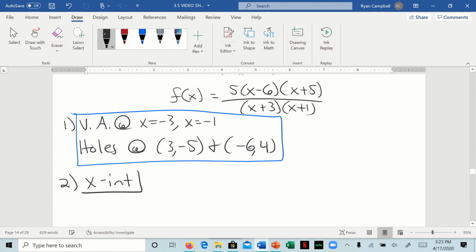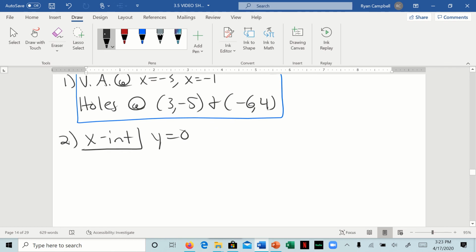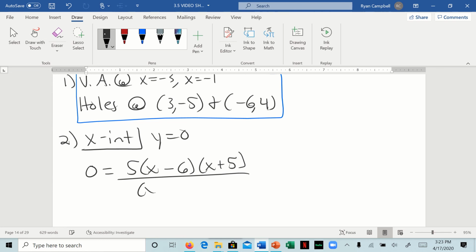Next, x-intercepts. So that's when y is equal to 0. So we're just going to set the whole thing equal to 0. And if you notice, basically the x-intercepts are going to be when the numerator is 0, right? So vertical asymptotes are when the denominator is 0. X-intercepts are when the numerator is 0.